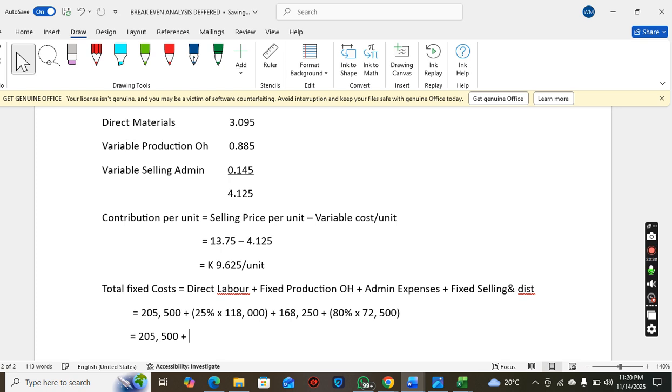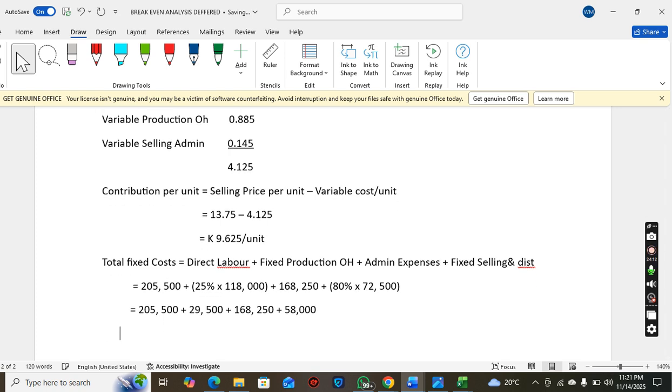Okay, 25%, 29,500, plus 168,250 plus 80% of 72.5, 58,000.